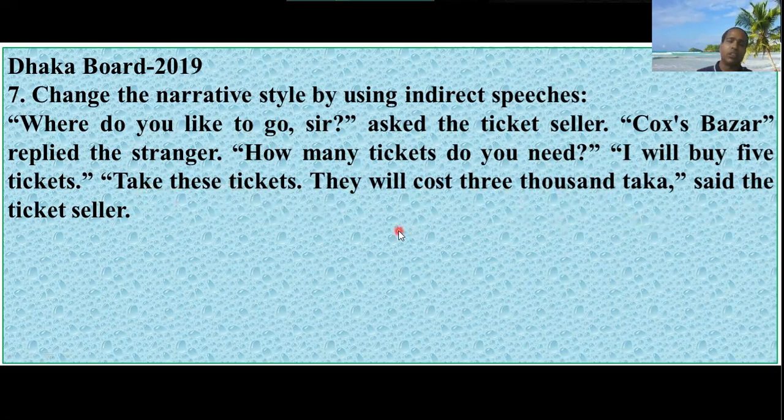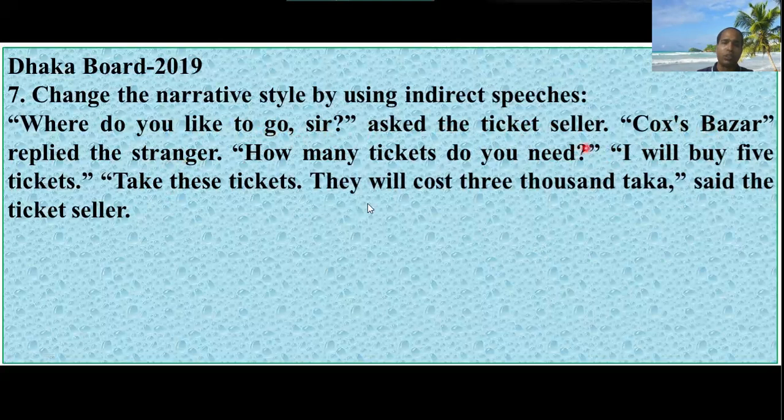Dear students, first of all, you have to read the passage and find out who is the speaker, who is the listener. Where do you like to go, sir? The ticket seller is the speaker of this reported speech. Coxbazar, the stranger is the speaker.